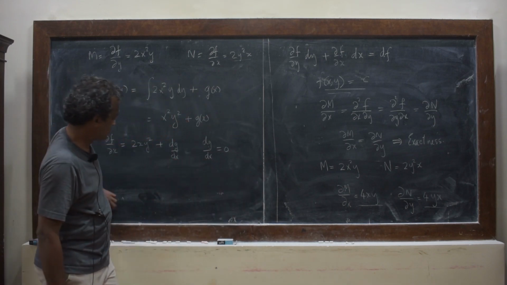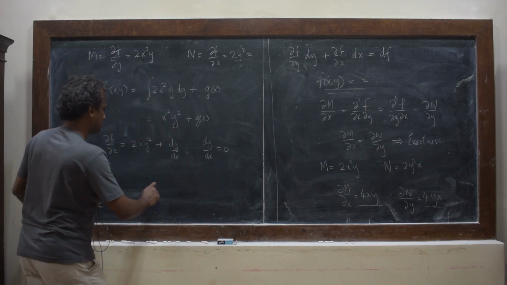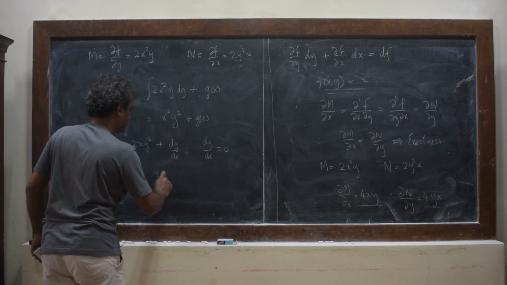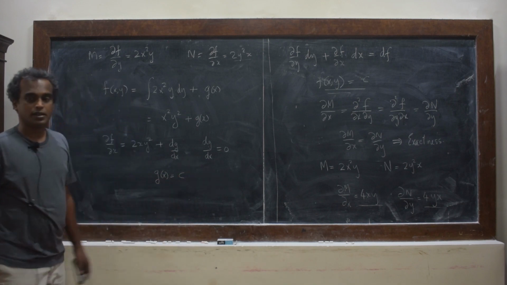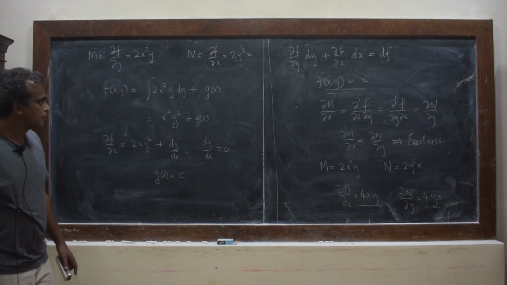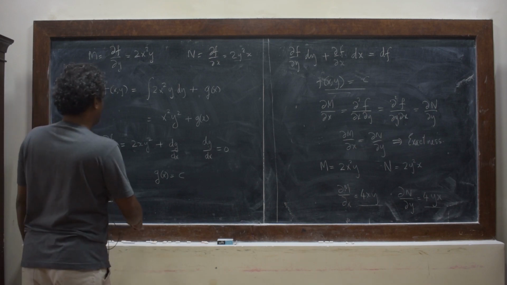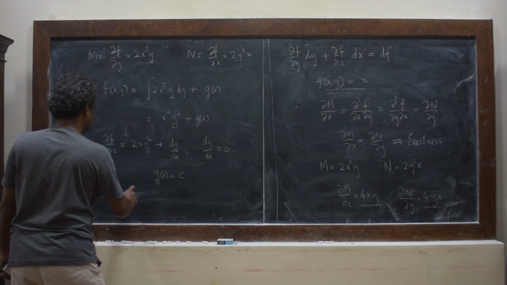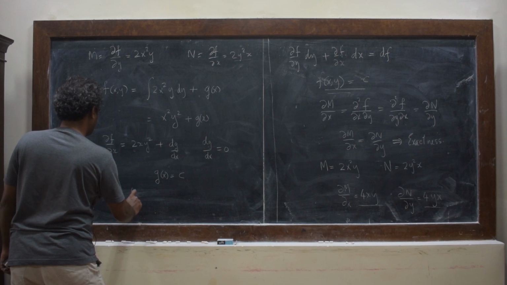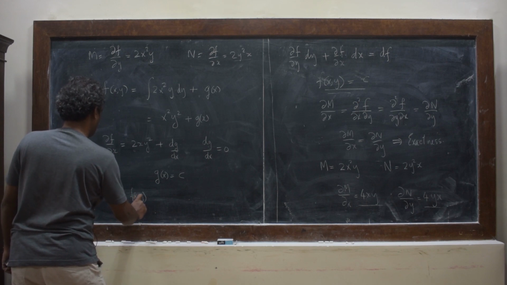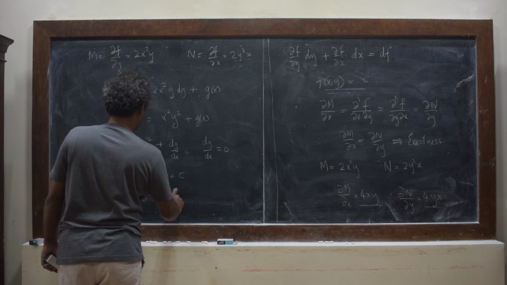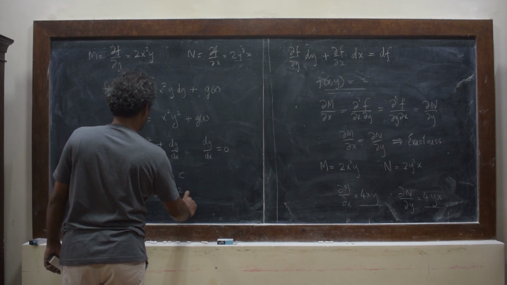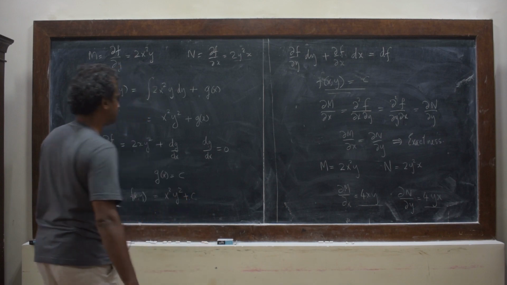Or we could say that the function g of x that we have added has to be some constant c. Thus, we have a solution of the form f of x comma y equal to x square y square plus c.